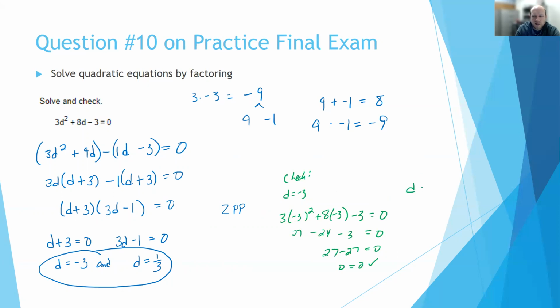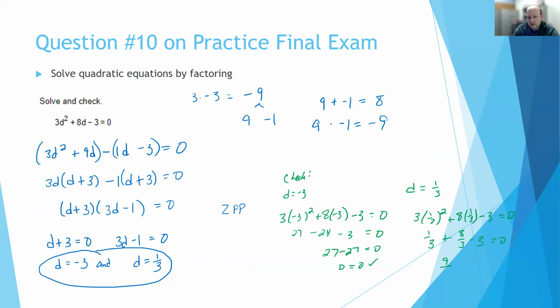And then we can check if d equals 1/3. So we plug 1/3 into d in our original equation and we see if that equals 0. So we see if we made any mistakes. So 1/3 squared, that's just 1/9. 1/9 times 3 is going to be 3/9, or 1/3, plus 8 times 1/3 is 8/3, minus 3.